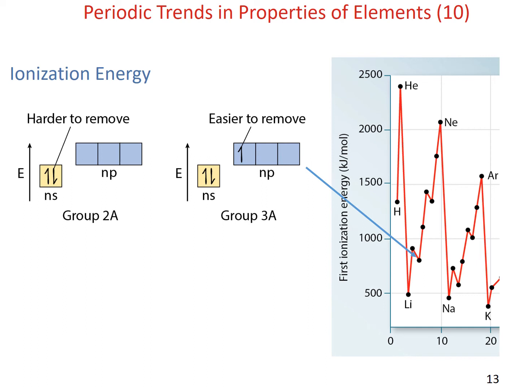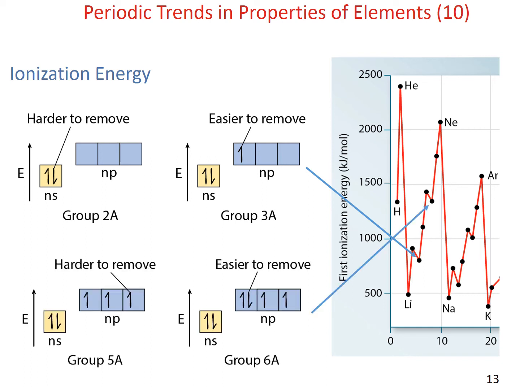Between 5A and 6A has a similar rationale. Here, it's harder to remove that p electron in group 5A because it's currently not paired, where group 6A has a paired electron and it is a little bit easier to remove. There is a little bit of energy required to pair electrons, and you can kind of think of this as there is electrostatic repulsion between electrons.